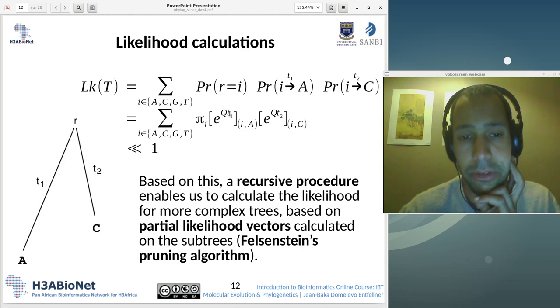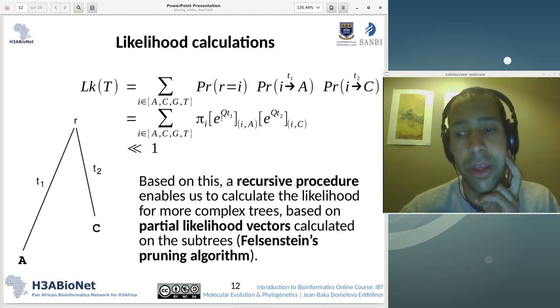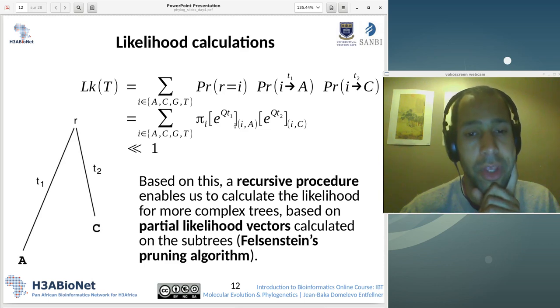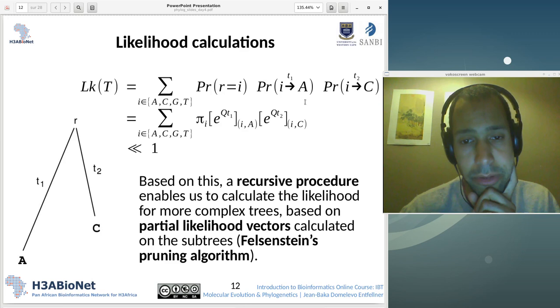Q multiplied by T1 is a matrix. Its exponentiation leads to a matrix also, and you take in that matrix the value that is on line I, column A, to get this probability. Similarly here, you get this information from the matrix exponential of QT2.